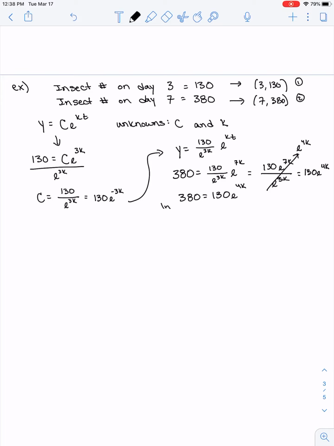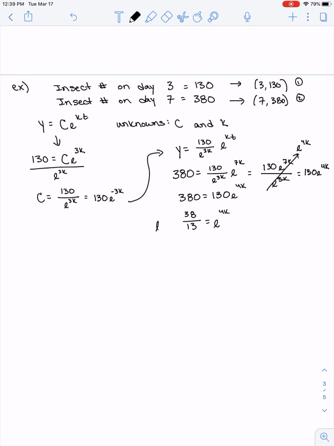I'm going to divide both sides by 130, and I get 38 over 13 is equal to e to the 4k.